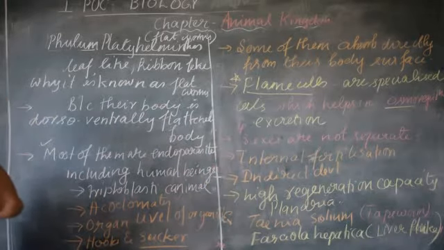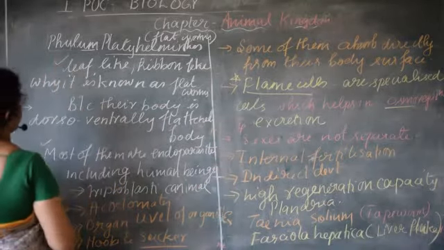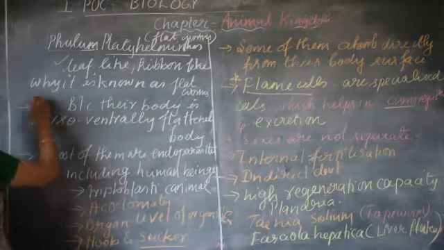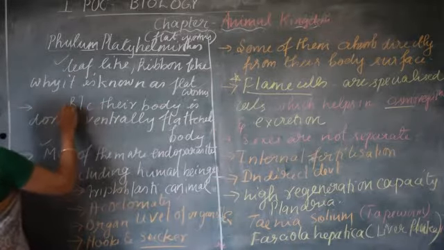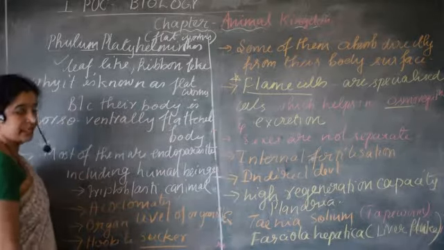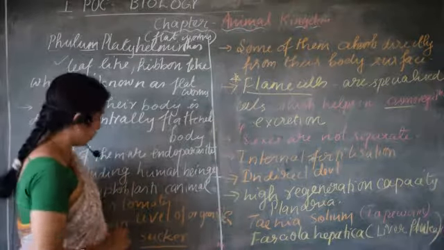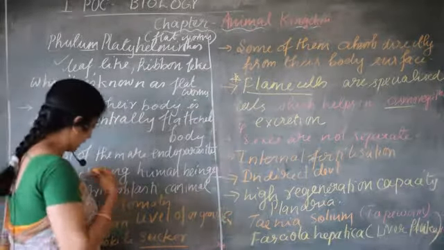We understood that they have leaf-like or ribbon-like structures. That's why they are known as flatworms. The main reason is that their body is dorso-ventrally flattened. Most of them are endoparasites, including human beings. That means including us also.